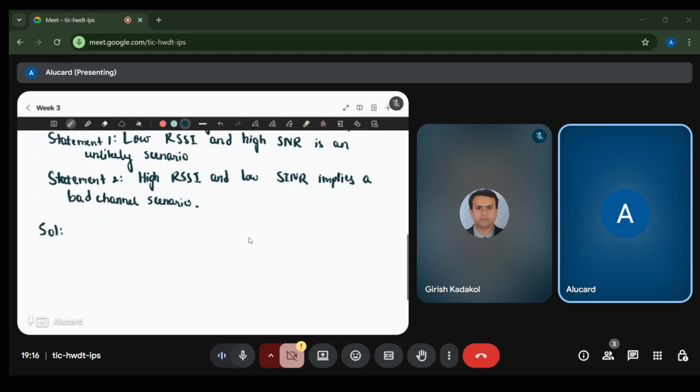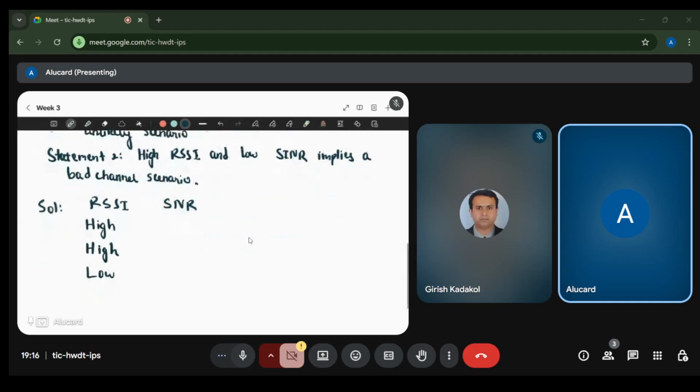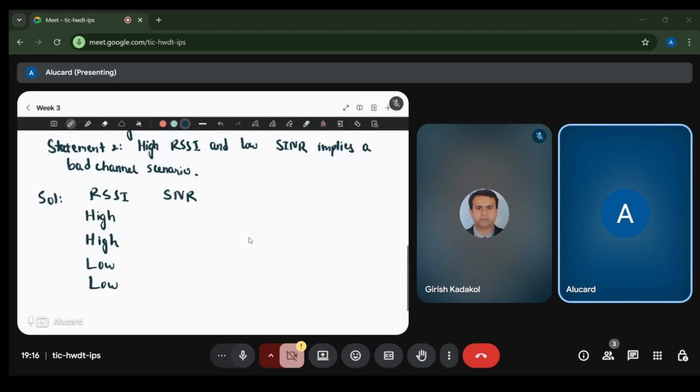Let's consider RSSI and SINR. There are two possibilities for each of these. RSSI can be high or it can be low, and SINR can also be high or it can be low.